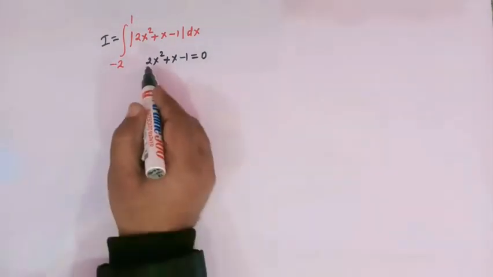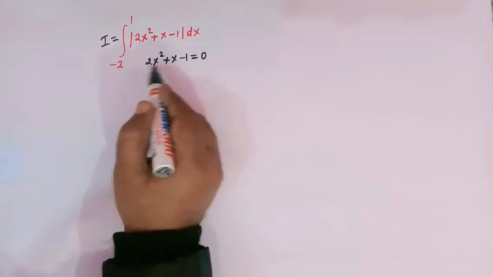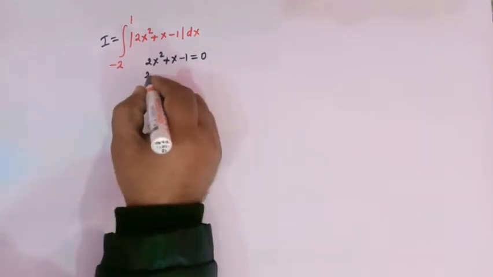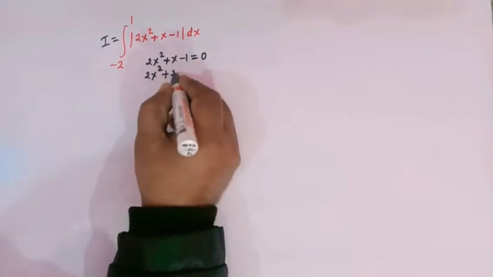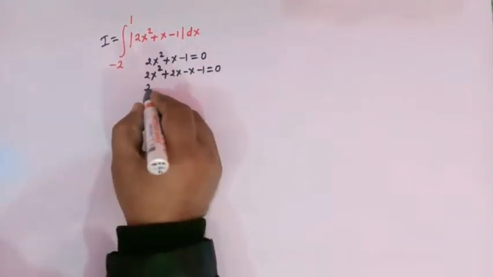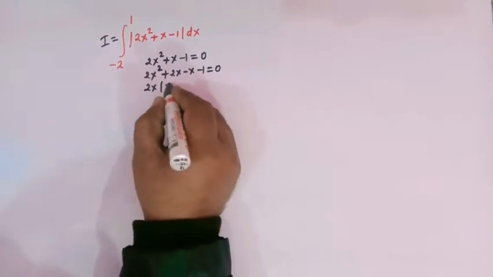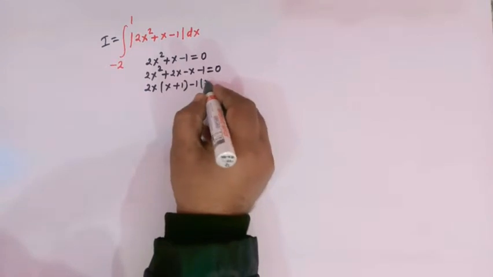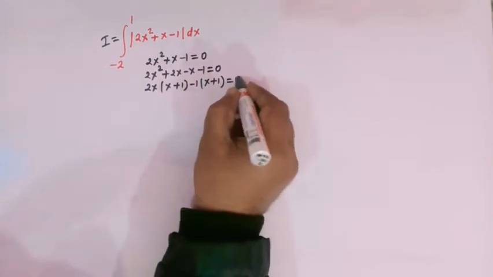By splitting the middle term, we can write 2x² + 2x − x − 1 = 0, so 2x(x + 1) − 1(x + 1) = 0.